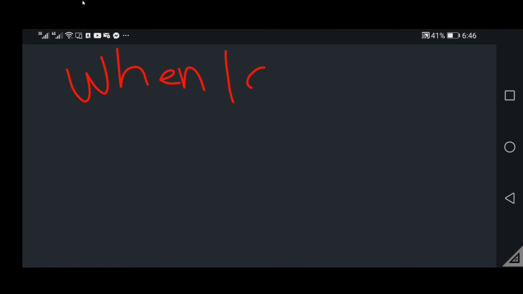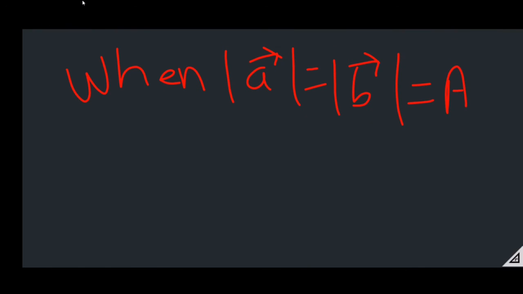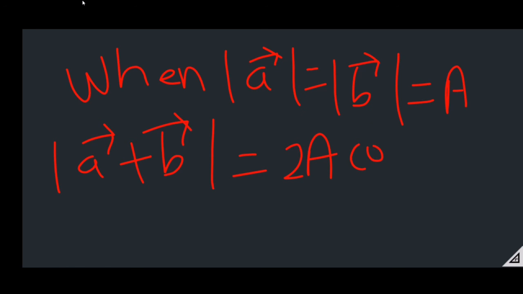In the case of the sum of two vectors, when modulus of a vector equals modulus of b vector and equals a, then in such a case modulus of a vector plus b vector equals 2a cos theta by 2. It is an important point. If modulus of a vector equals modulus of b vector equals a, then modulus of a vector plus b vector is 2a cos theta by 2.